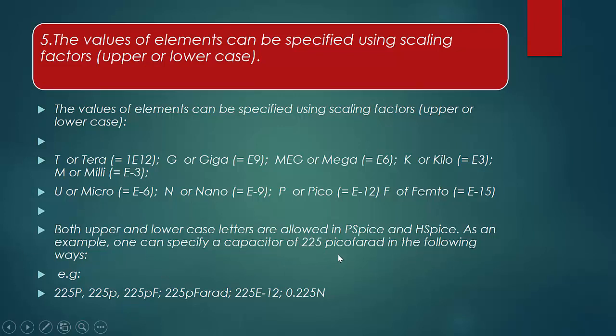If you have a 225 picofarad capacitor, you should write it like this: 225P with a capital P, 225p in lowercase, 225PF, 225 picofarads, 225e-12, or 0.225 nano. You should use those scaling factors to give values to your elements.